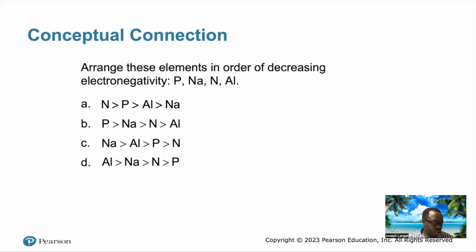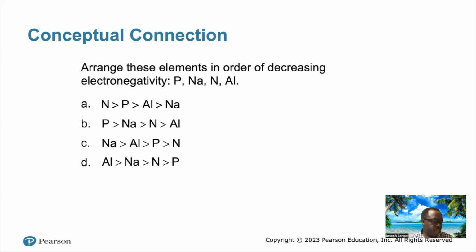Yours is to see where they are: sodium, phosphorus, nitrogen, and aluminum. The challenge is if you don't know the names or where to look on the periodic table, it will be very difficult for you to make a conclusion.